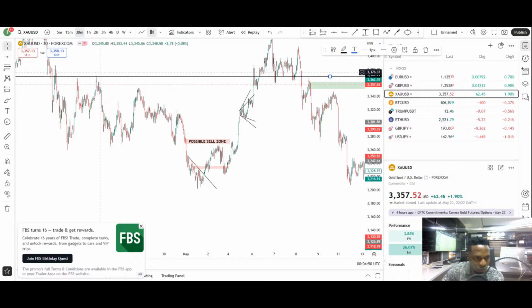So price got here, moved down significantly, and price did this again here, right? Price got here again and moved significantly. These 2 points, this zone, are a good resistance zone. Today I'll be showing this resistance zone.